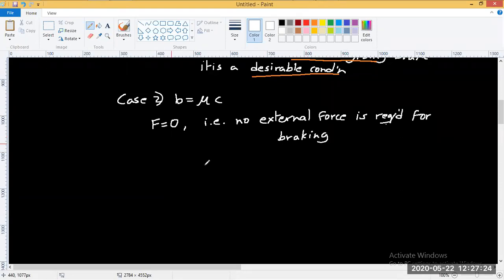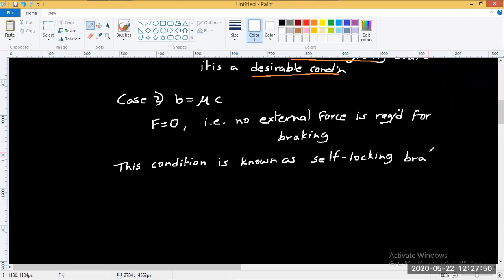There is no force required for braking, and this condition is known as a self-locking brake, and is undesirable.